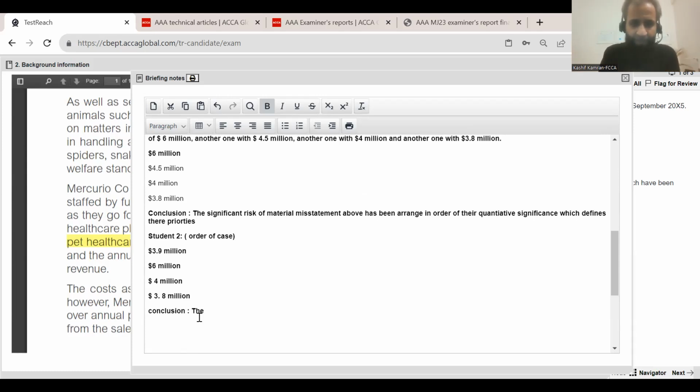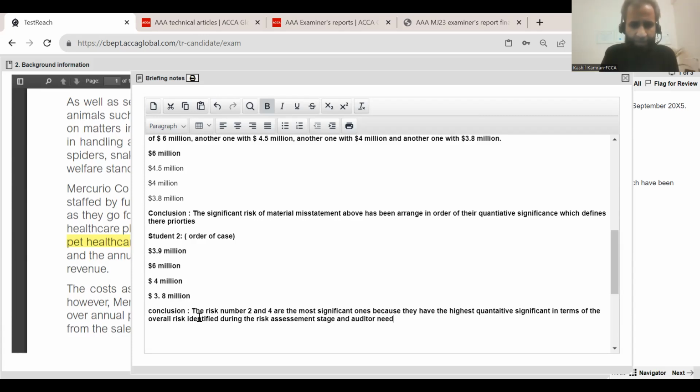You will say the significant risk identified above, risk number 2 and 4 are the most significant ones because they have the highest quantitative significance in terms of the overall risk identified during the risk assessment stage.